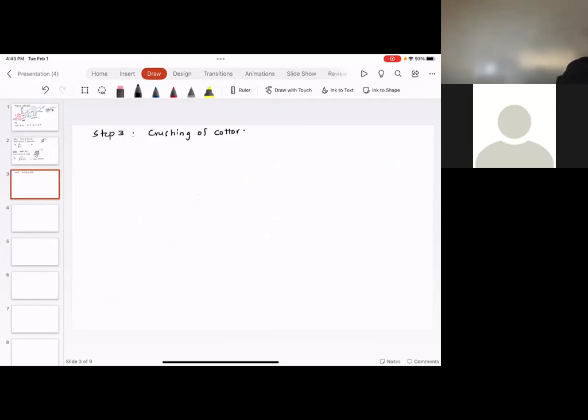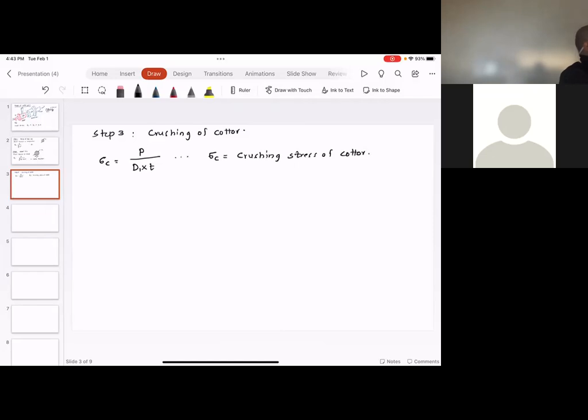So sigma C is equal to P divided by D1 times T. That gives you the crushing of quarter. Now here, something important: sigma C is the crushing stress of quarter.